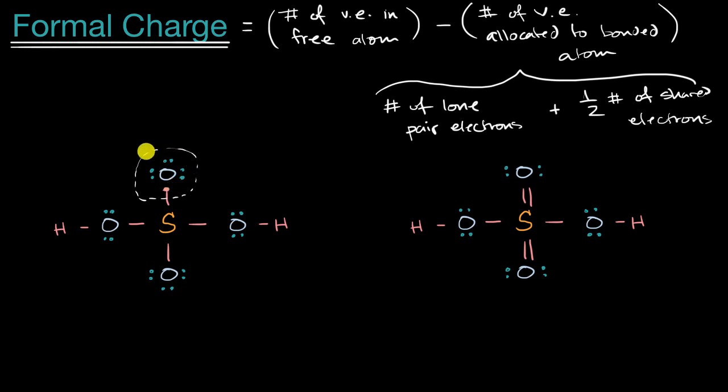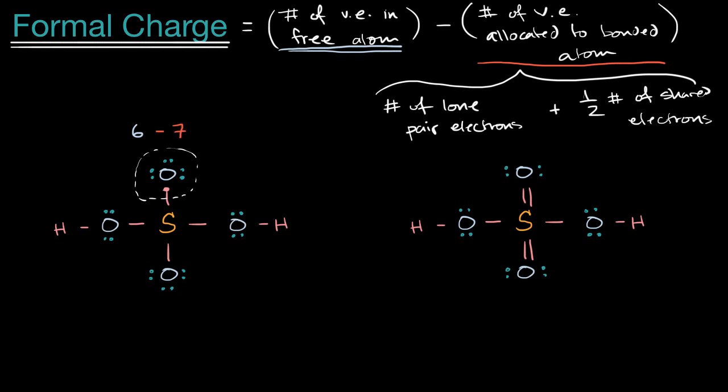So what would be the formal charge of this oxygen atom in this sulfuric acid molecule? Well, the number of valence electrons in a free atom, we've looked at oxygen many times. A free neutral oxygen is going to have 6 valence electrons. And then the number of valence electrons allocated to the bonded atom, 2, 4, 6, 7. We just calculated that, minus 7.